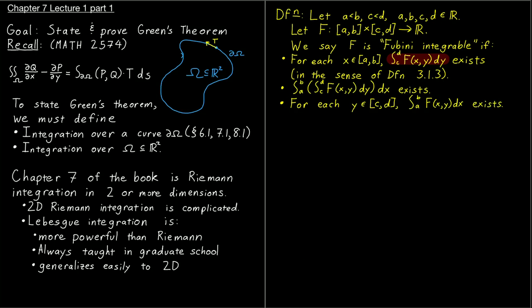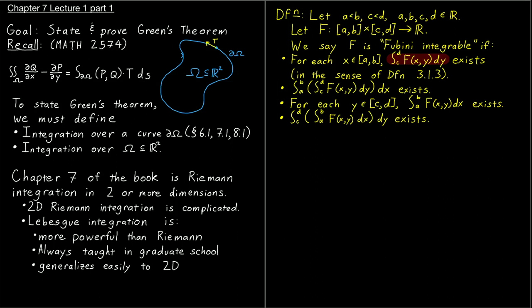So we need our function f to be integrable in x for any y value you pick, any y value that you freeze, and we also need the iterated integral done in the other order. We also need that to exist in the sense, as usual, of definition 3.1.3.